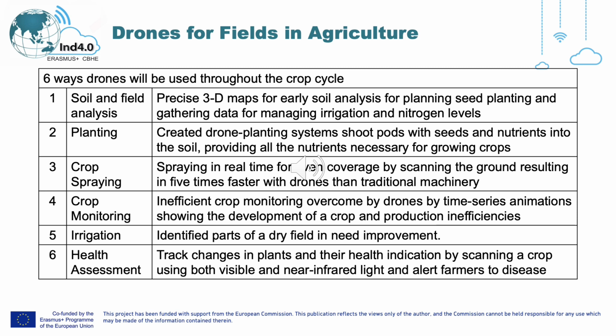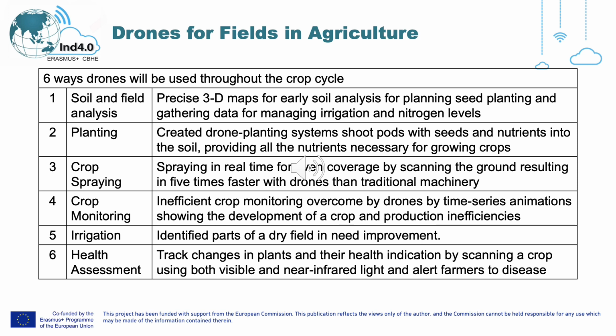Number 2, in planting, startups have created drone planting systems that decrease planting cost by 85%. This system shoots pods with seeds and nutrients into the soil, providing all the nutrients necessary for growing crops.